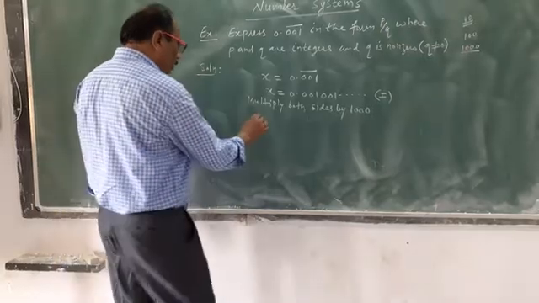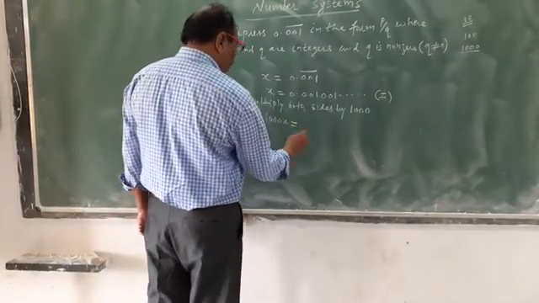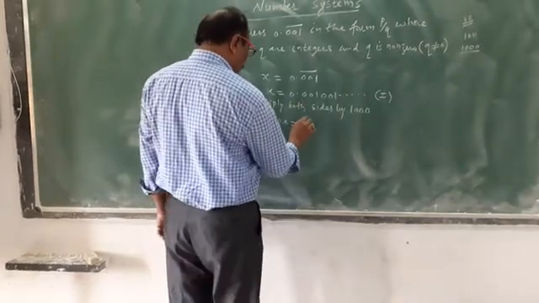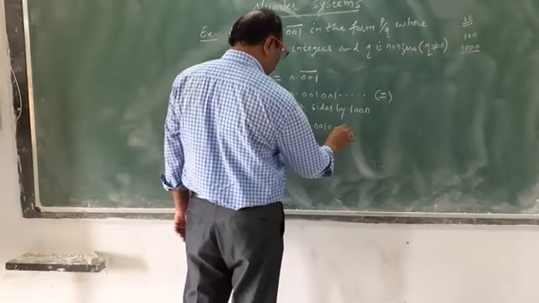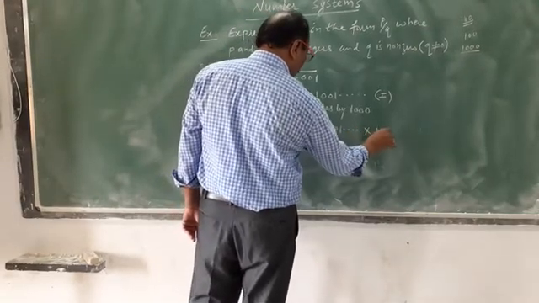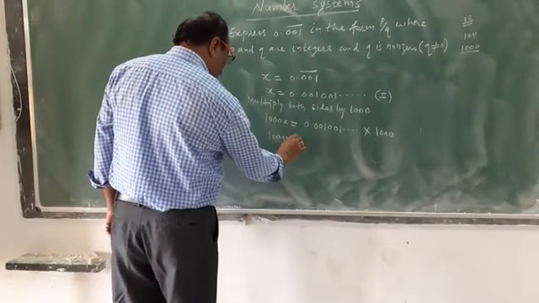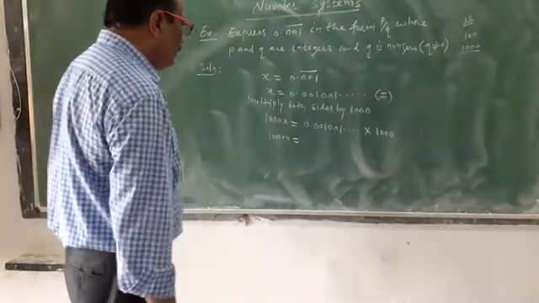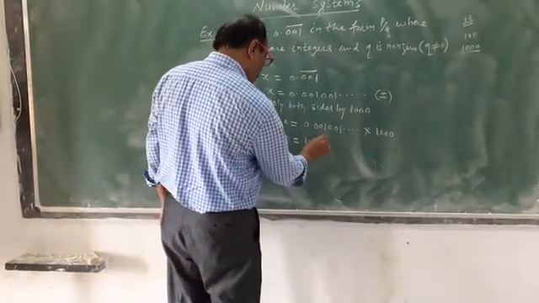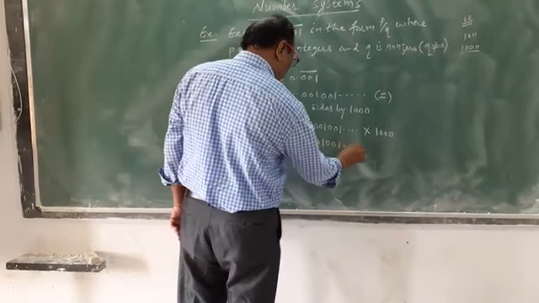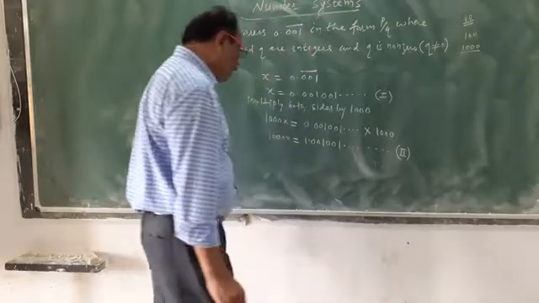That is 1000 into x. 1000x is equal to 0.001001 like this into 1000. That is 1000x is equal to 1.001001 like this. This we take as equation 2.